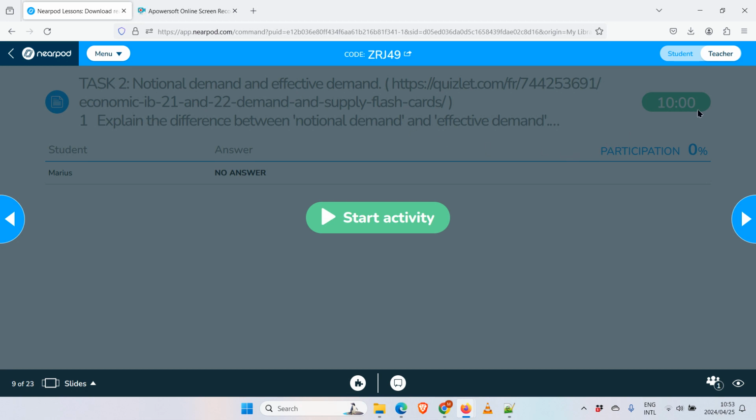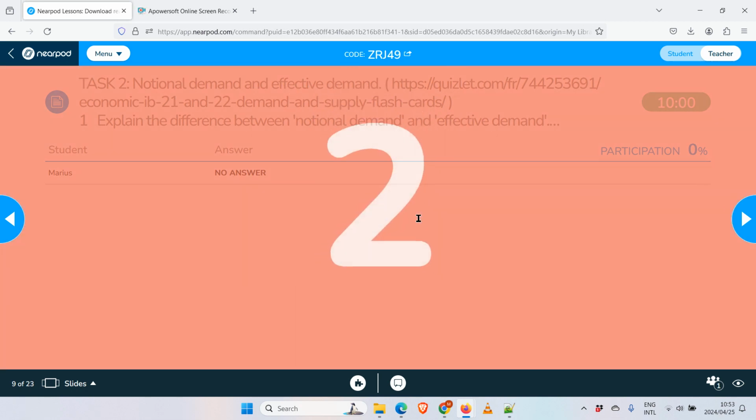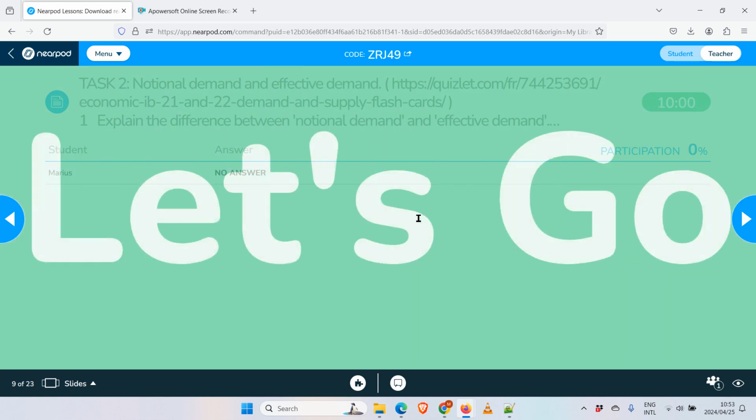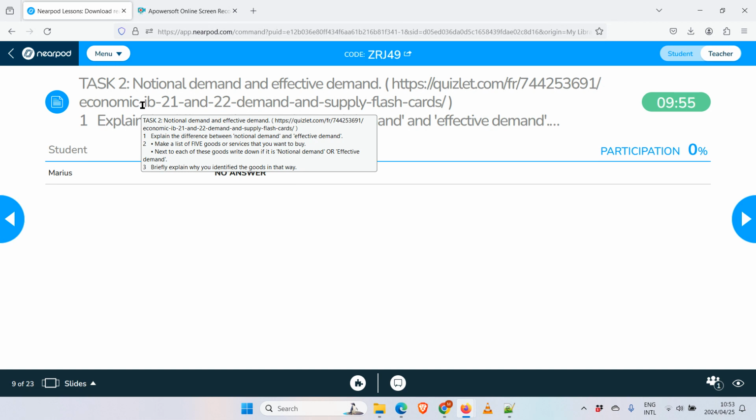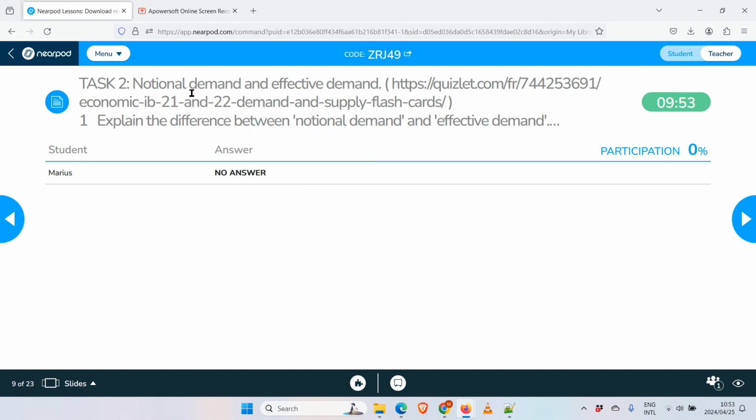I'm going to give my students 10 minutes to complete this activity. So let me start. The students will have 10 minutes to do this task on notional demand and effective demand, and I'm giving them this website that they may want to use to help them in this task.